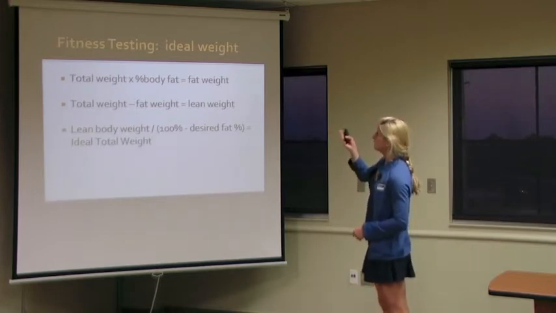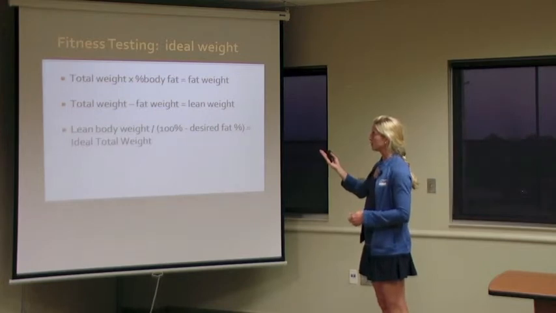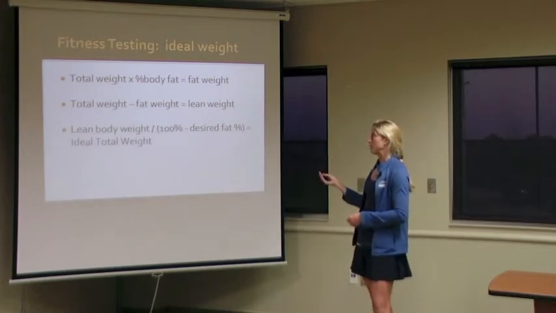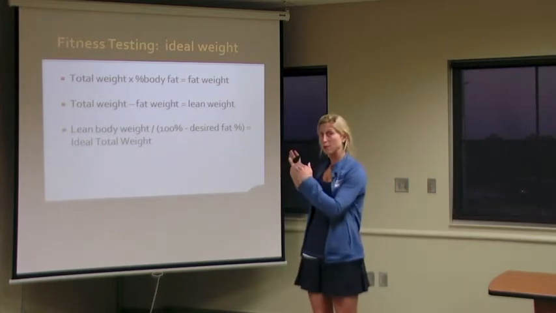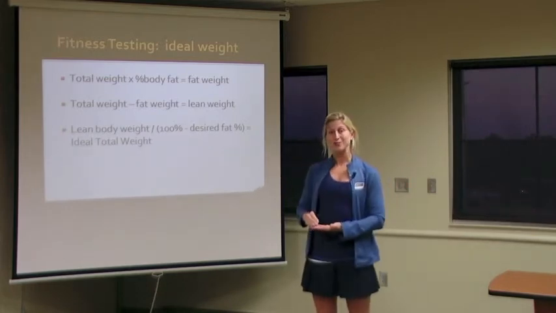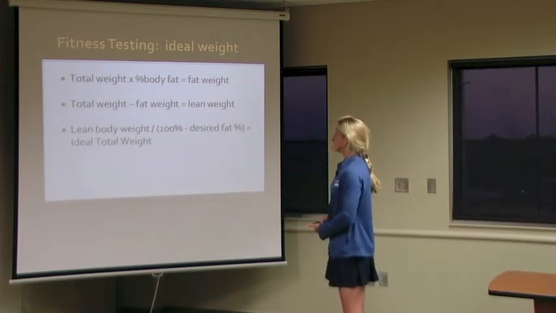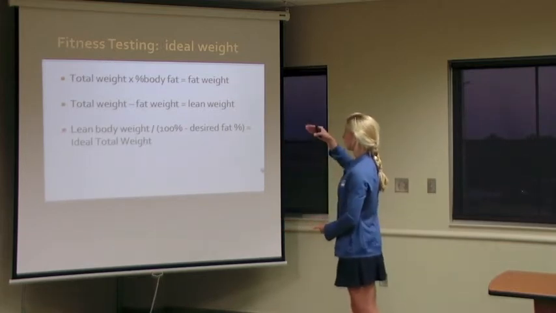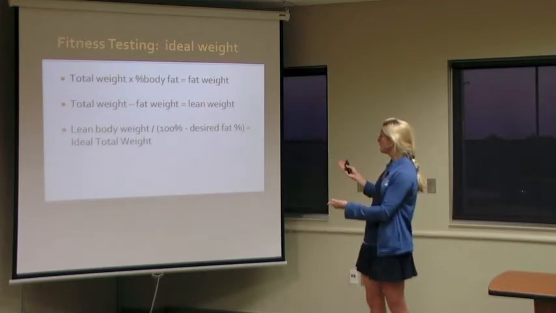So, for ideal weight, you take the total weight times the body fat percentage, and you're able to figure out the number of pounds of fat mass on someone's body. Based on that, you take the total weight minus the fat weight, and you know the lean weight.